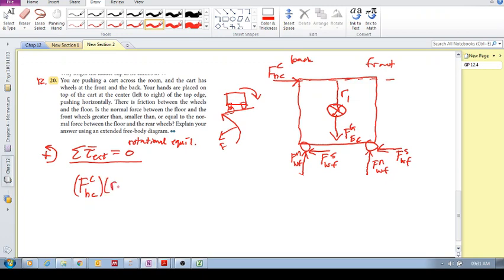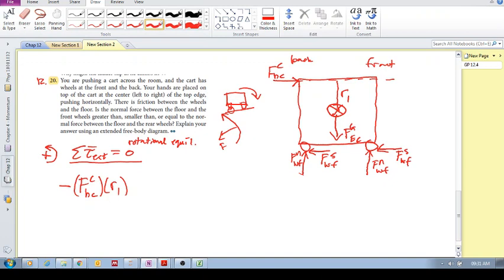R multiplied by R1 is the torque caused by this force. Is it going to be positive or negative? It will be negative because it is going in the clockwise direction.